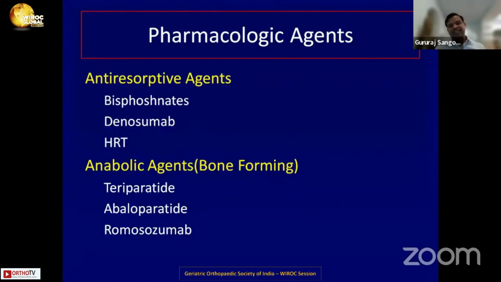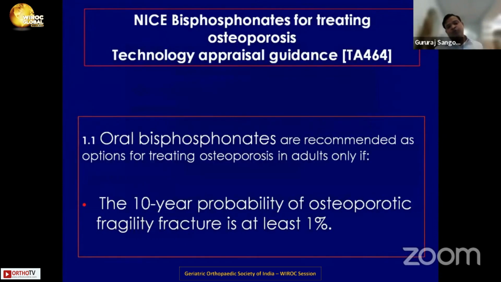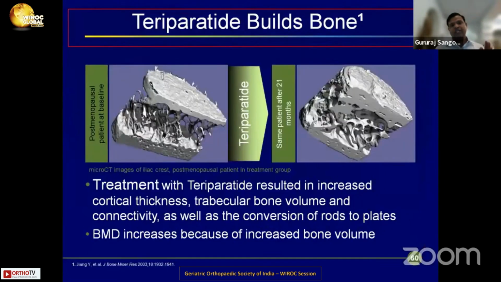So coming to the agents, you have bisphosphonates, denosumab, hormone replacement therapies, and anabolic agents like teriparatide, abaloparatide, and romosozumab. For bisphosphonates, I have only one slide: your 10-year probability of having an osteoporotic fragility fracture has to be at least 1% to treat these patients with bisphosphonates.